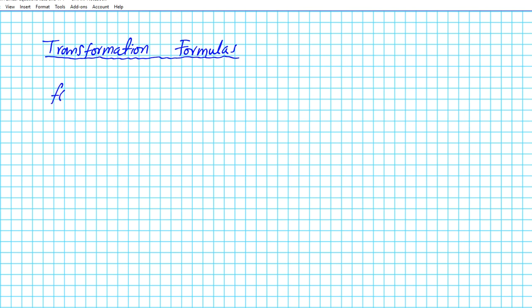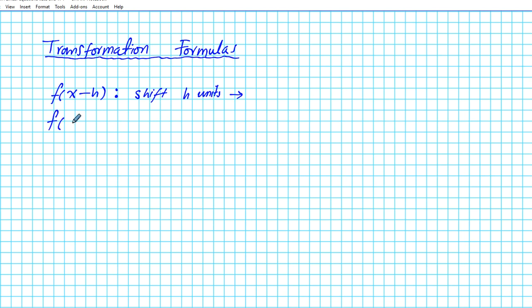Now if you have f of x minus h, in this particular form, the transformation is going to be a shift h units to the right, because it's minus h.